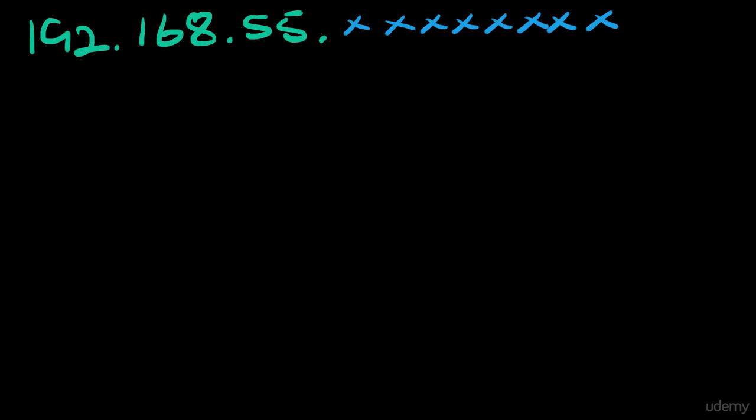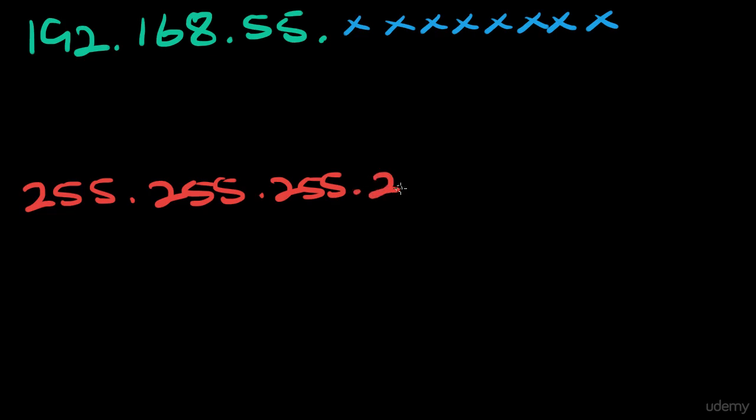They used a subnet mask of 255.255.255.240. Now, from all of the exercises we've done in previous lessons, it should be drilled into our brain by now that 240 is actually 4 ones, 1, 2, 3, 4, and 4 zeros.